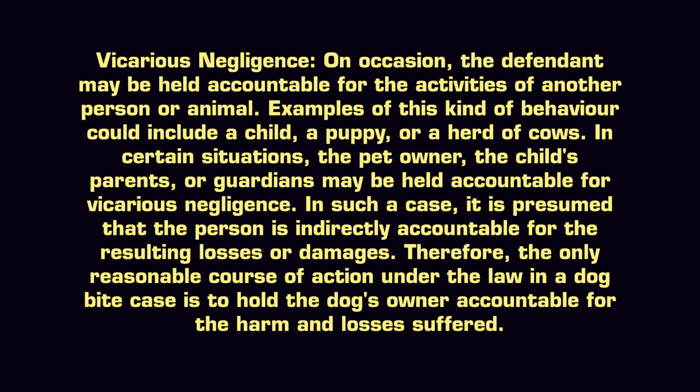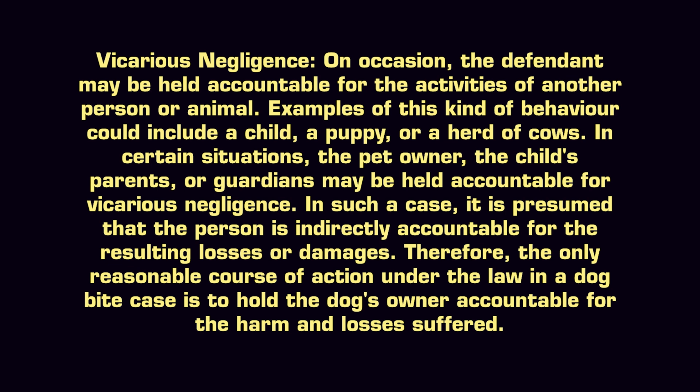Let's discuss the next type of negligence, that is vicarious negligence. On occasion, the defendant may be held accountable for the activities of another person or animal. Examples of this kind of behavior could include a child, a puppy, or a herd of cows. In certain situations, the pet owner, the child's parent, or guardians may be held accountable for vicarious negligence.